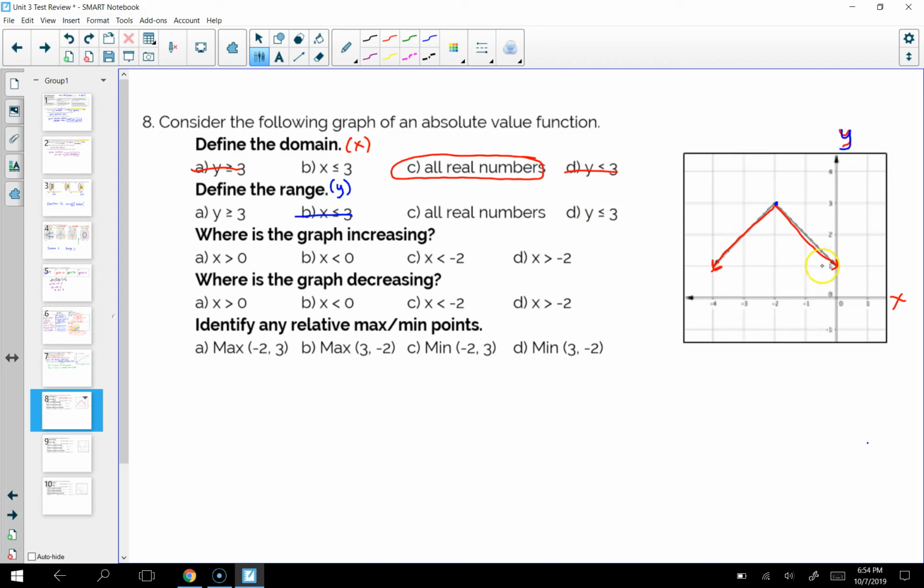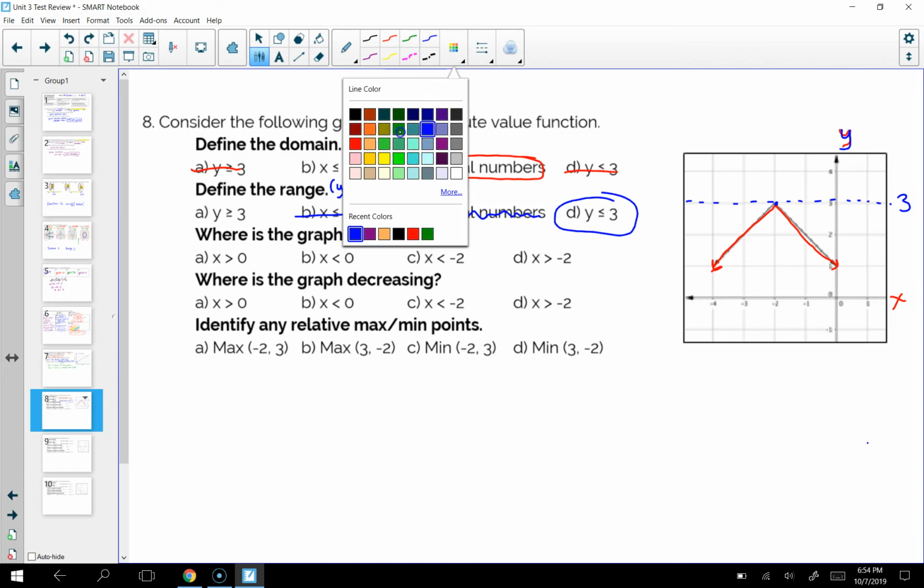There is a turning point, so the y's have to stop and go somewhere else. That means all real numbers is out. It's stopping at y is 3. Now, are all the y's bigger than 3 or less than 3? Look at where my graph is. It's all below 3. So all of my y's are less than 3.